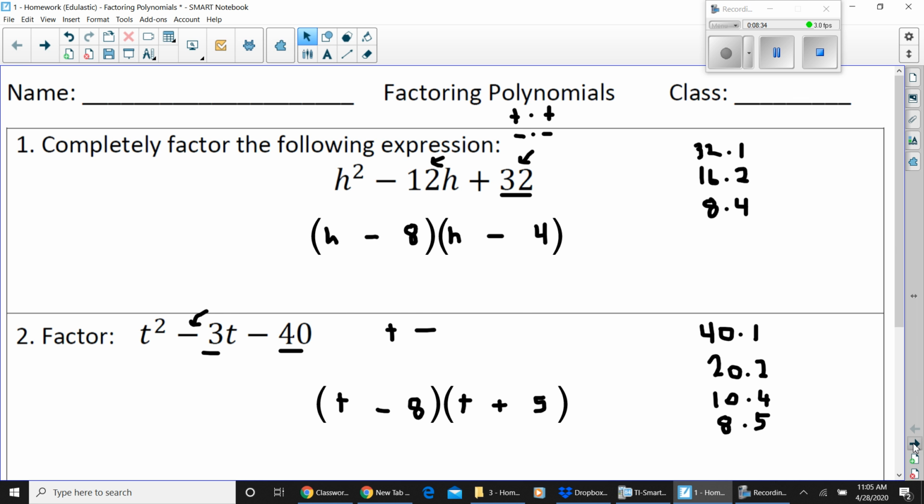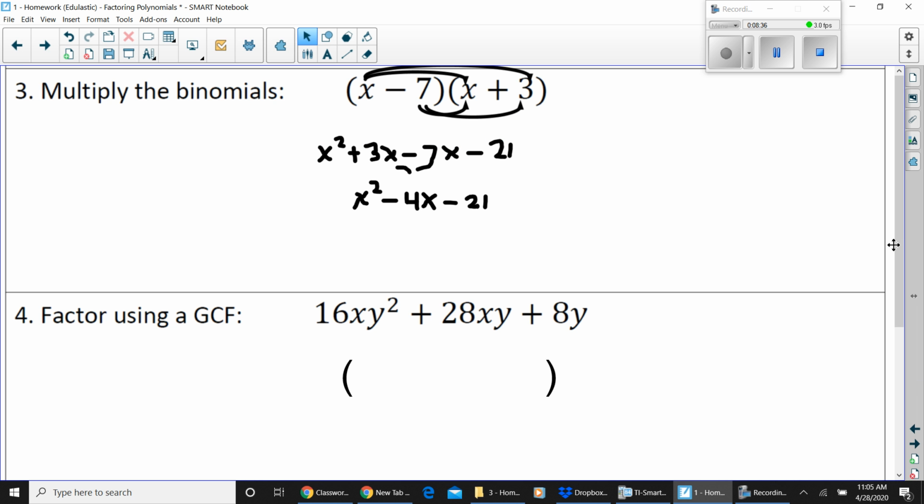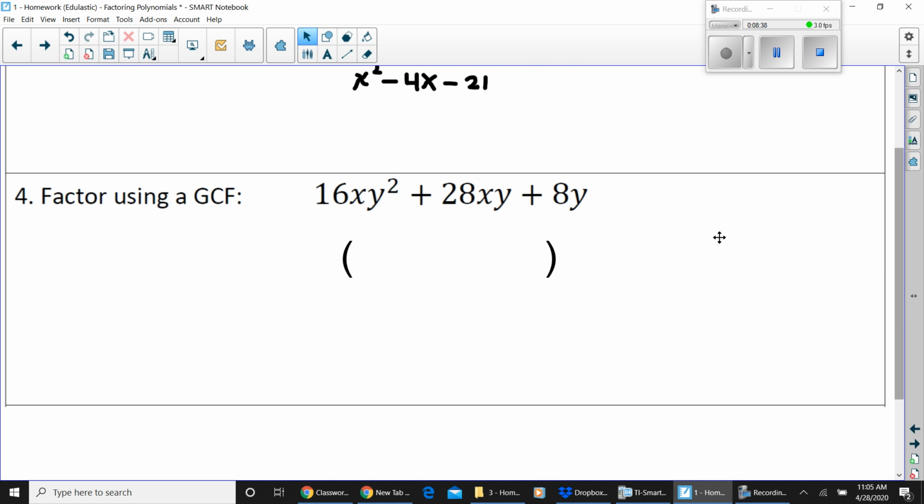That's the product of two binomials. This one is not going to be. It says factor using GCF, and what that usually tells you is that you're going to have to take out a greatest common factor. And remember, every single time I do this, I take a look at all the numbers first.